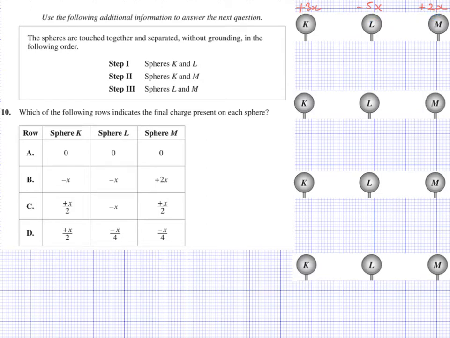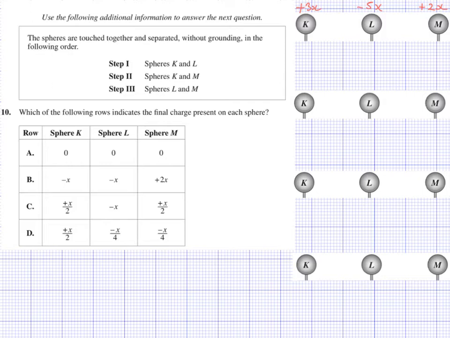And in this question, we're told that there's a series of steps, step 1, 2, and 3, where these spheres are touched together. And this question is really about accounting. It's about keeping track of the charges and making sure that we always obey conservation of charge.